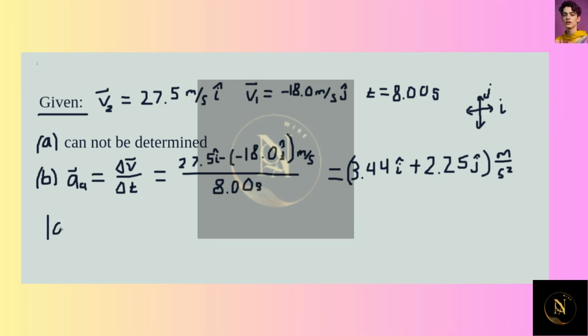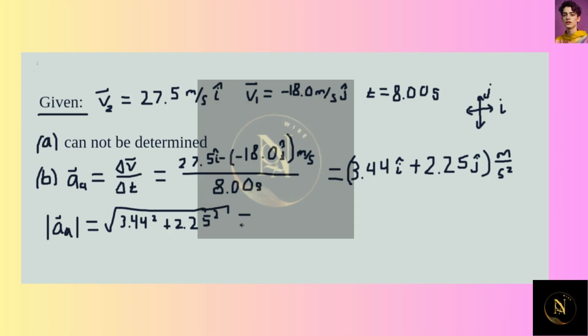Well, the magnitude of A average, A sub A. Now let's rewrite that so it's a little more legible. A sub A is equal to the square root of the square of the values that make it up. So 3.44 squared plus 2.25 squared.